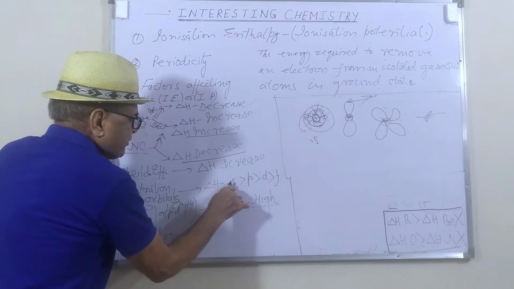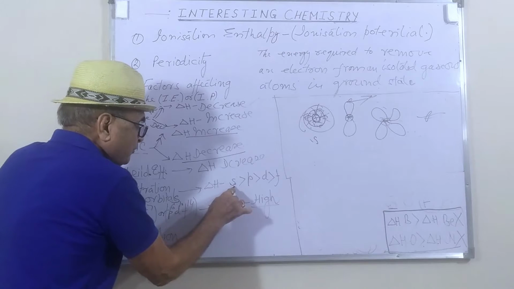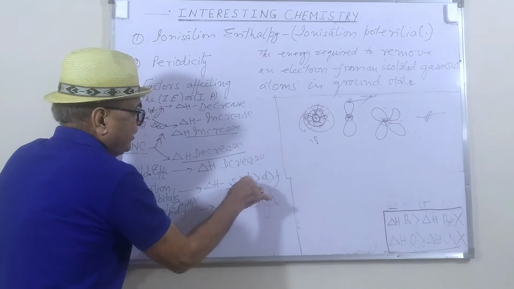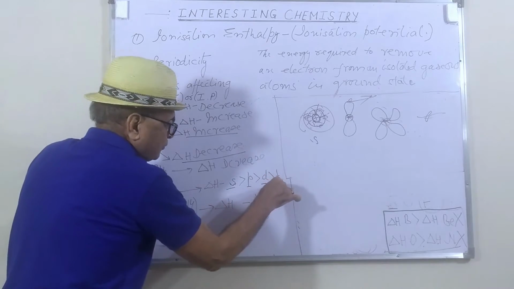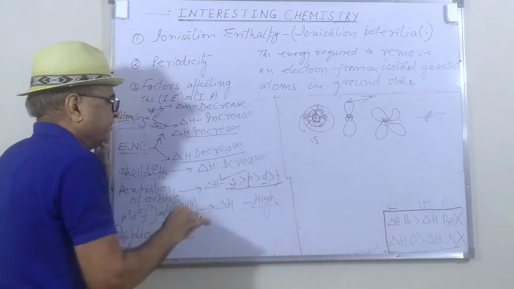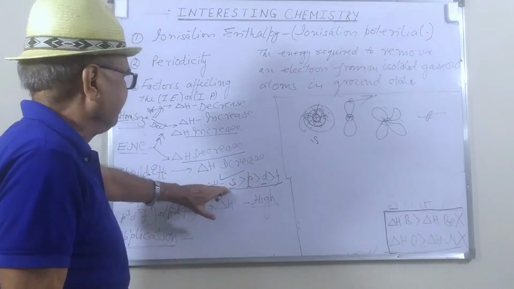Due to the penetration of the shape of the s orbital, the delta H will be more than P, and the delta H of P will be more than D, and so on. It is the grading, the comparison of the SPDF penetration.